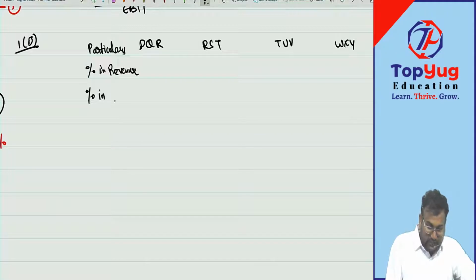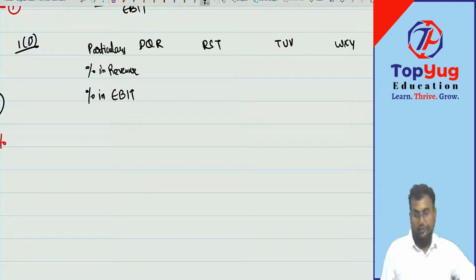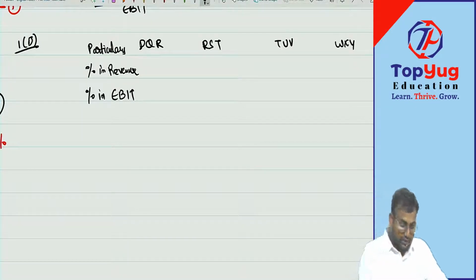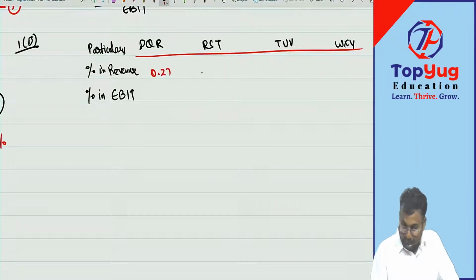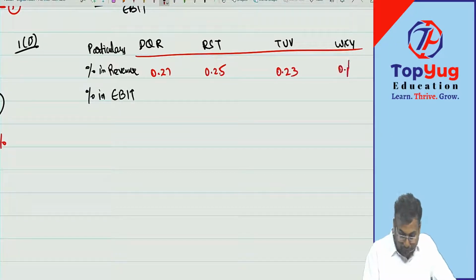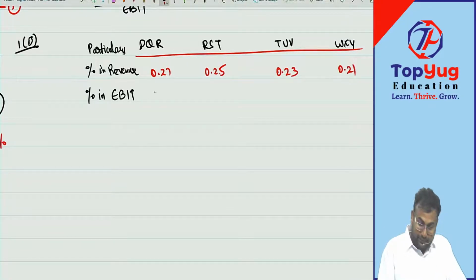Then percentage change in operating income, I'm just writing it directly as EBIT. Tell me the numbers. 27%, I will directly write it 0.27, 0.25, 0.23, 0.21. Similarly, EBIT.